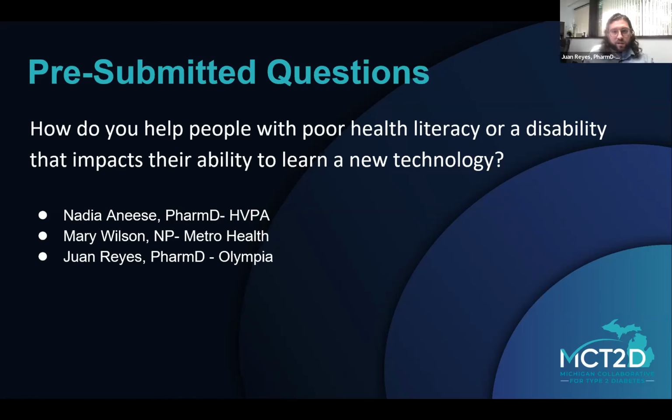Yeah, and in addition to all those things, one of the biggest barriers I've found with patients with poor health literacy is just getting them set up initially. Creating an account or anything like that is difficult, with sharing data. So if they have a compatible cell phone, when they're in the office, I try to set all that up the first day, so they can share all the data right away.